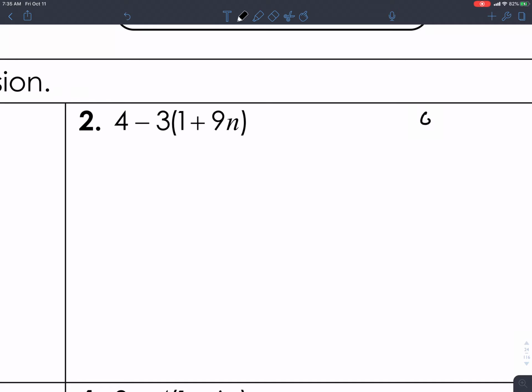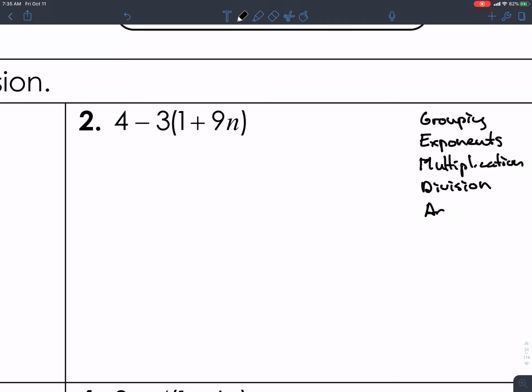And I'm going to write it down over here. G, grouping. E for exponents. M for multiplication. D for division. A is addition.